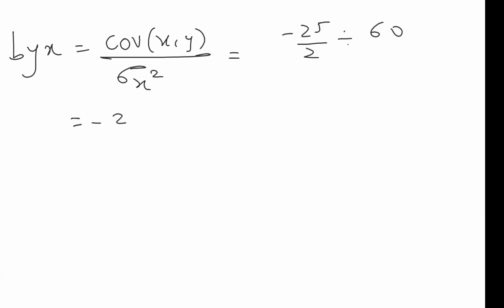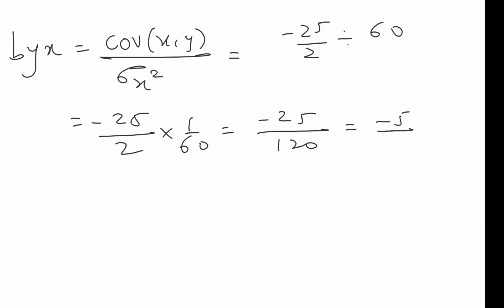So this is minus 25 upon 2 into 1 upon 60, minus 25 upon 120. So minus 5 upon 24. This is your byx. Okay, right? Then bxy.